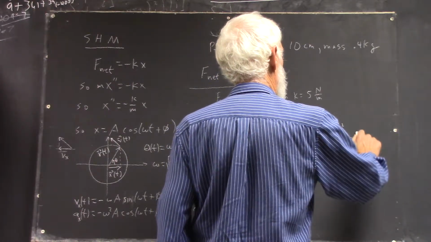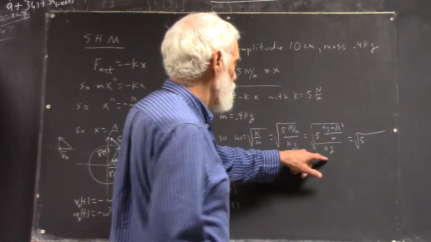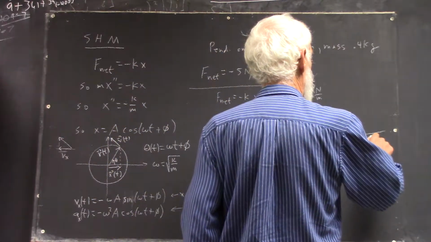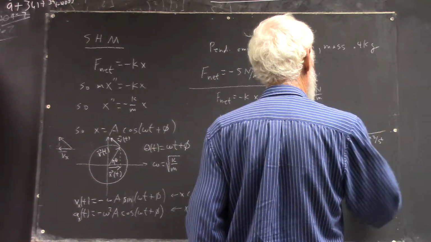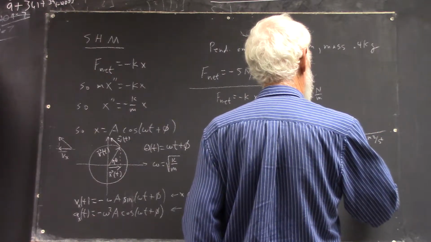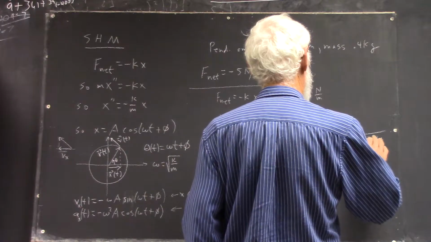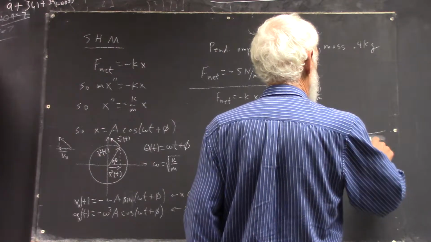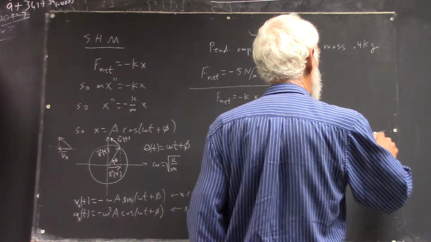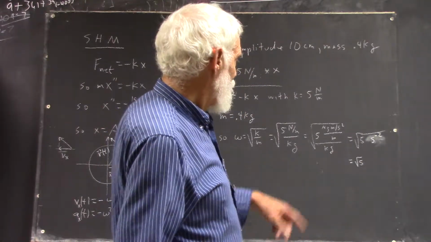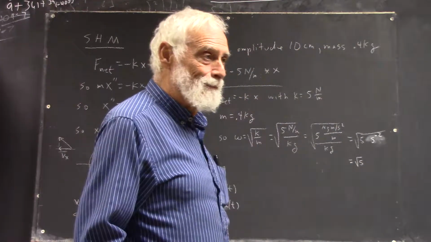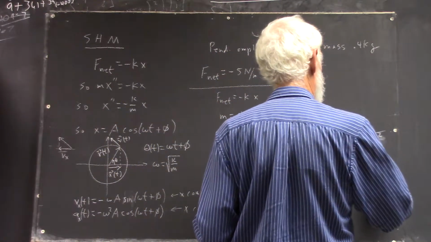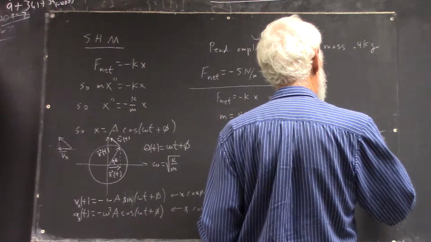When you sort that out, the kilogram divides a kilogram, the meter divides the meter. You have seconds to the negative 2. The meter divides a meter, that's the only meter, it's gone, right? So you get the square root of 5 seconds to the negative 1.